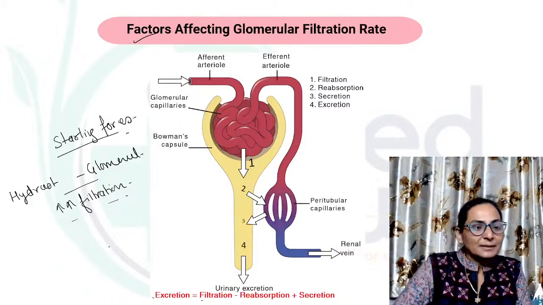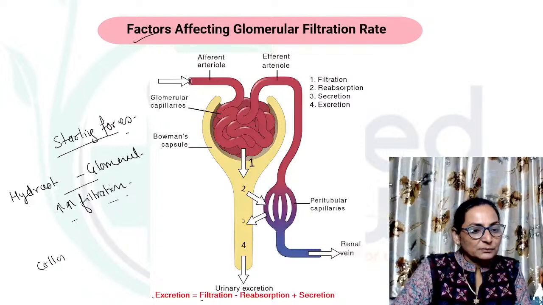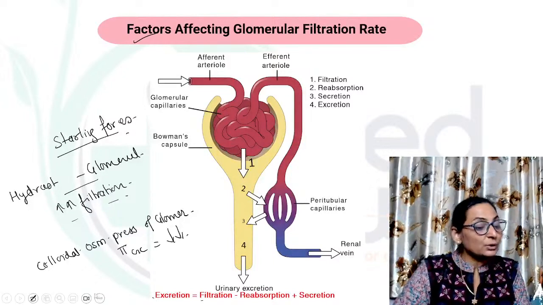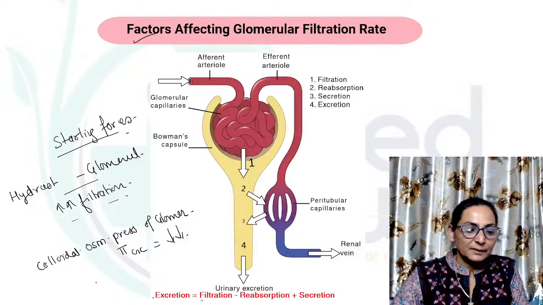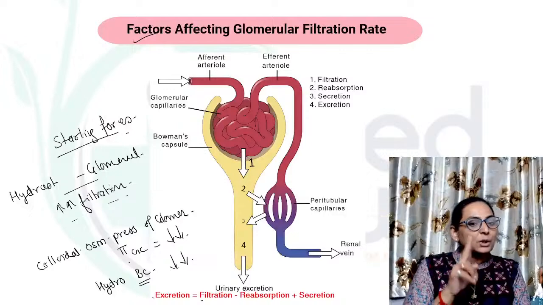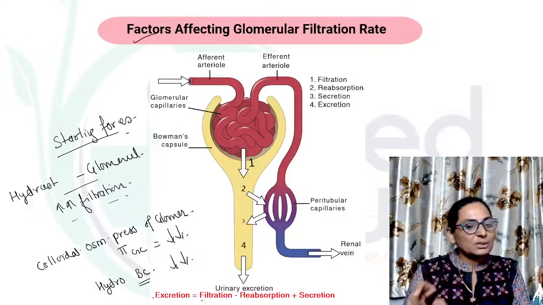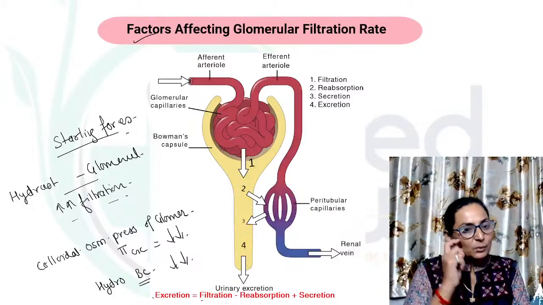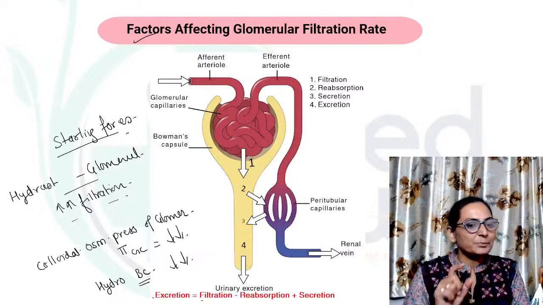And the colloidal osmotic pressure of the glomerulus, pi GC, is going to decrease your filtration. And the hydrostatic pressure of the Bowman's capsule is also going to oppose filtration. So you have got two opposing forces, the colloidal osmotic pressure of the glomerular capillaries and the hydrostatic pressure of the Bowman's capsule. And you have only one favoring force, that is hydrostatic pressure of the glomerulus.